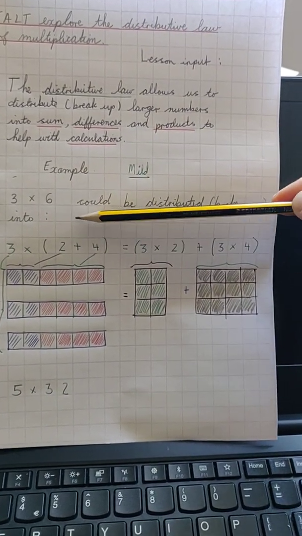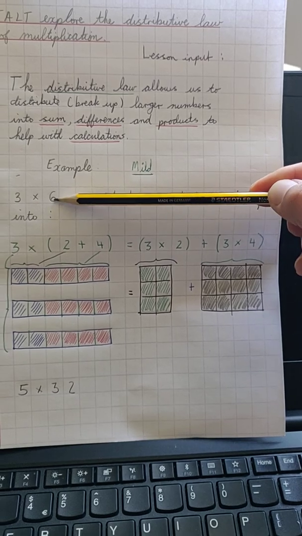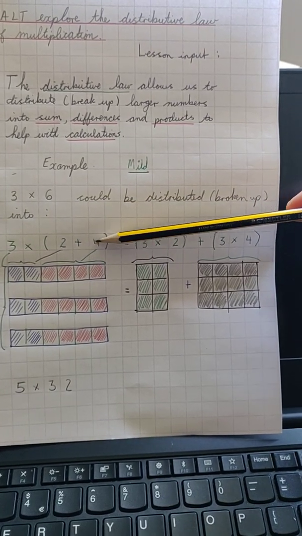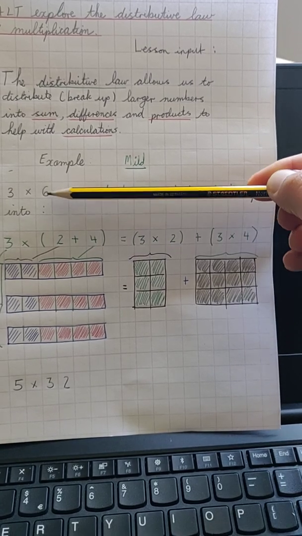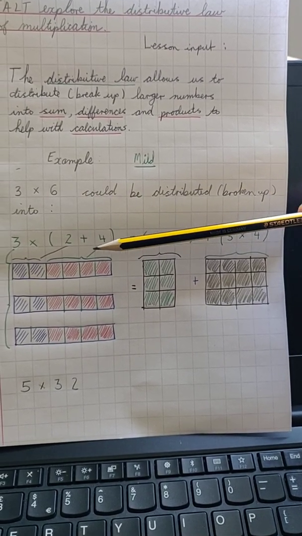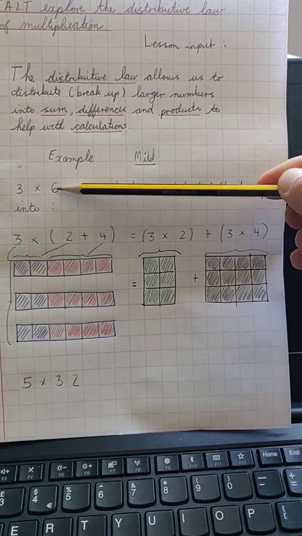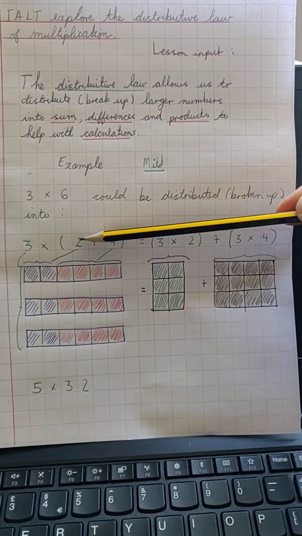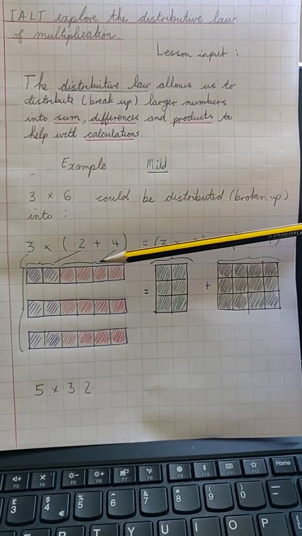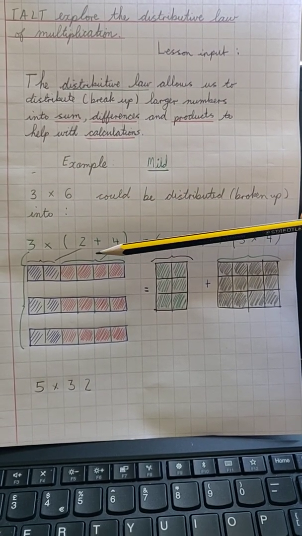We're breaking up the number. So we're breaking up this number right here into 2 and 4. I could have done it into 3 and 3 as well, or 1 and 5. So there are many ways that I could have broken up this number, but I selected 2 and 4. So 2 plus 4 is 6. I think we all agree with that.